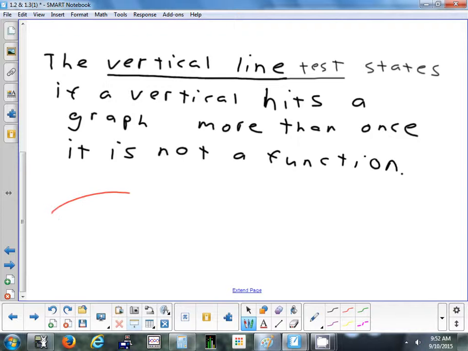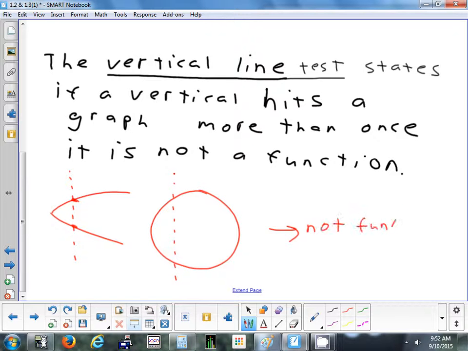So this picture that I had, if I sketch a vertical line, hits it twice. This is not a function. How about a circle? Would a circle be a function? Nope. If I got a circle, I can put a vertical line in and it hits it more than once. So those are not functions.